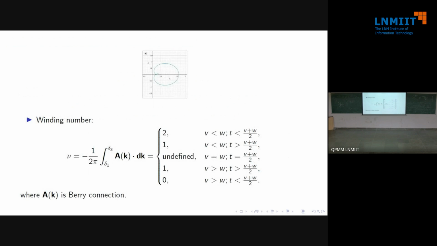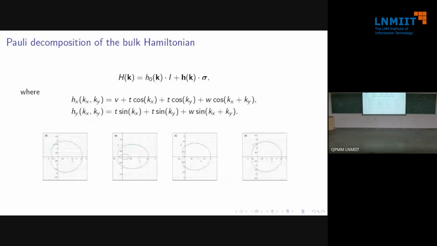Yes, so these curves will expand or shrink when you change V, W and T. These 4 pictures, are they ordered? Are they for different values of energy? They are for different values of V, W and T, the hopping parameters, but not Hx and Hy.